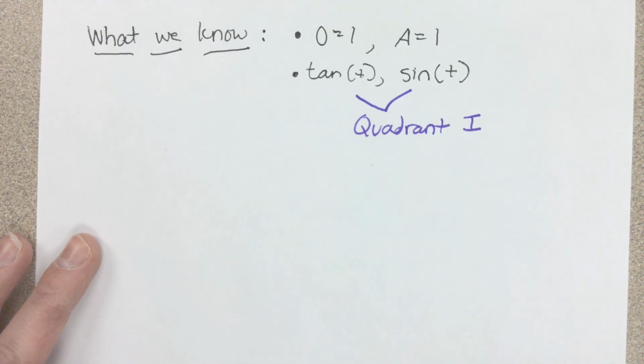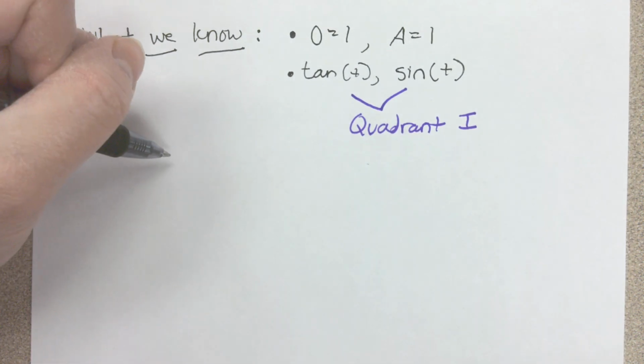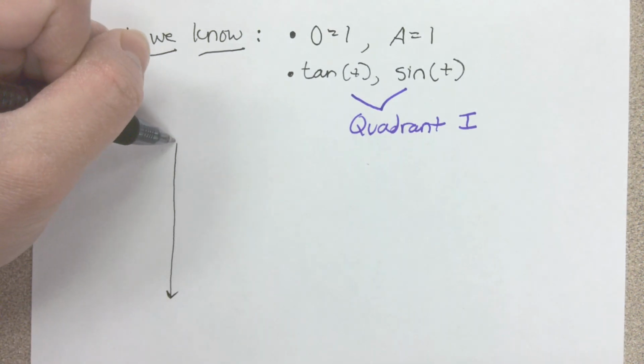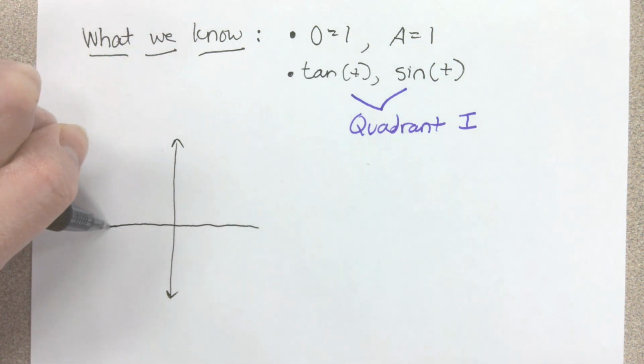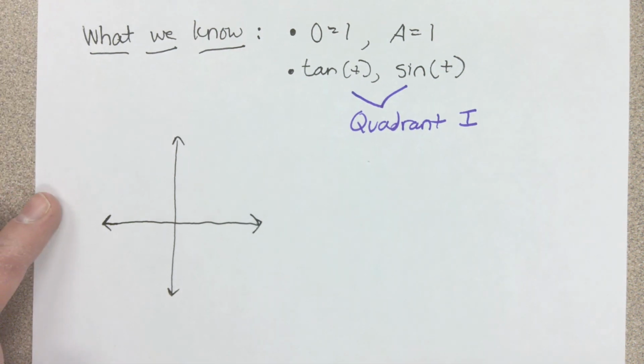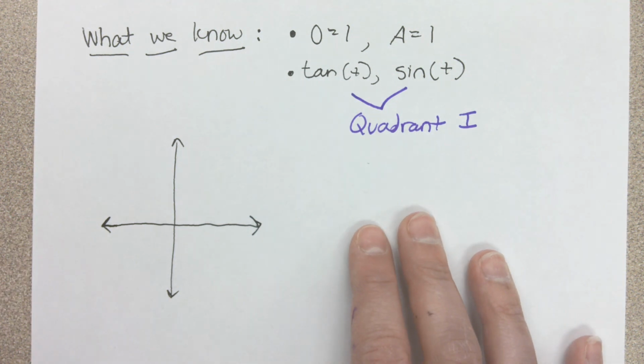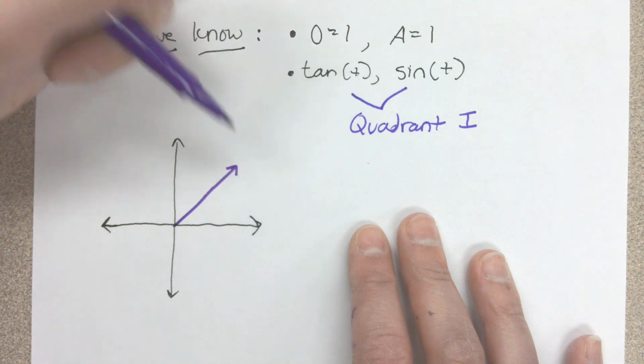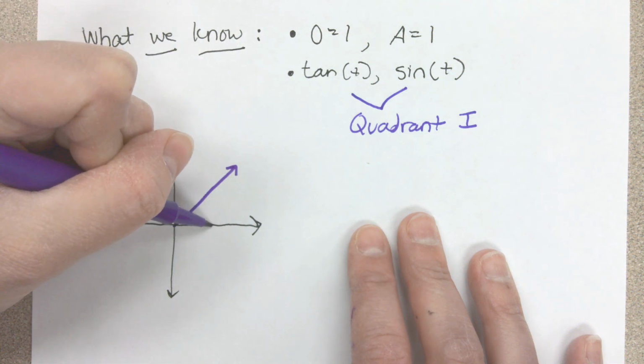Now we can draw a graph. And at this point, we still don't quite know what this angle is, but we know where it's at. We're in quadrant 1, angle of rotation.